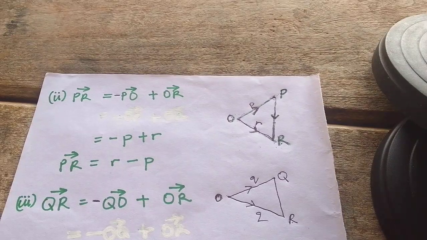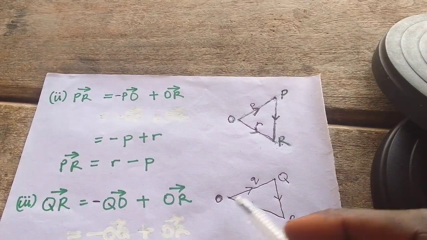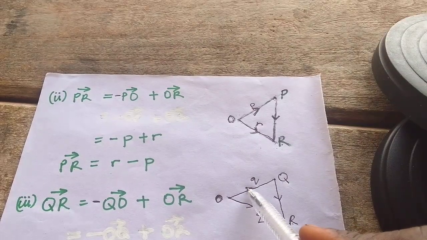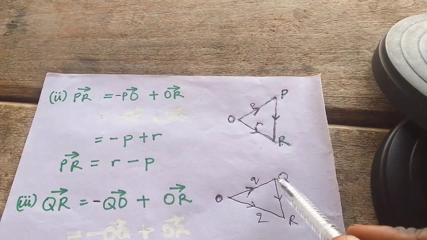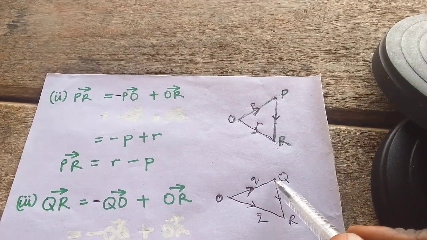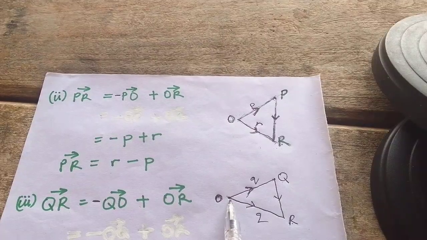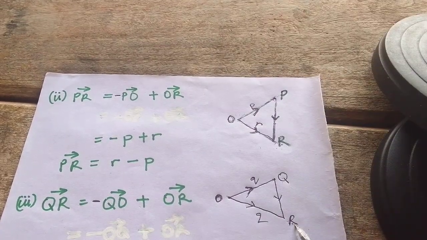If we now want to represent QR in reference to their position vectors, you realize that the arrow is facing this way, so you need to move against this arrow. That is why you are having minus QO plus OR, which gives the vector QR.